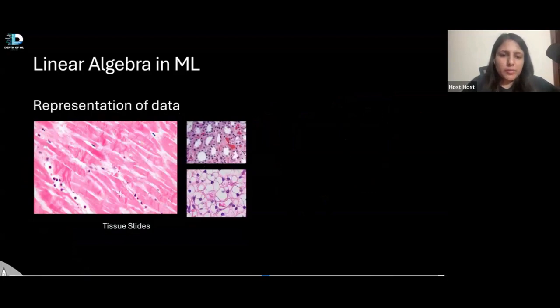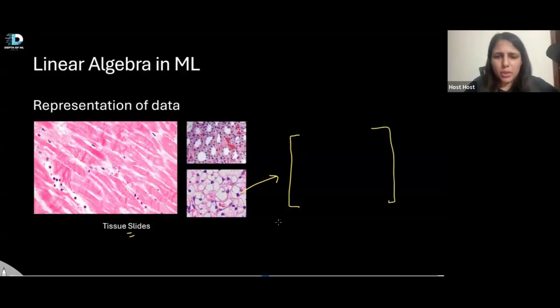Again, we used to have these slides. These are tissue slides. Whenever you get a biopsy done, and you might have seen this, we do this onion experiment in 10th class, where we peel off the skin of an onion and visualize it under the microscope. You might remember that it looks like this, right? When this image gets digitalized, you can represent it as a matrix again.